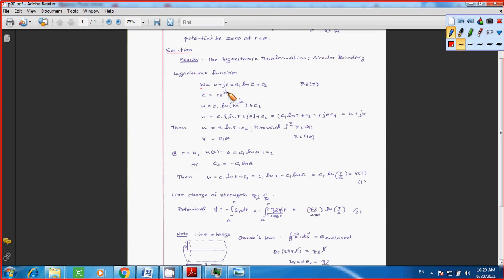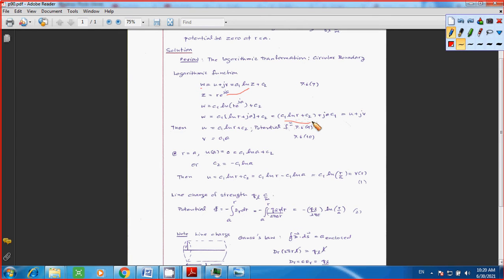It's like Euler's formula, right? That's from equation 7.67.